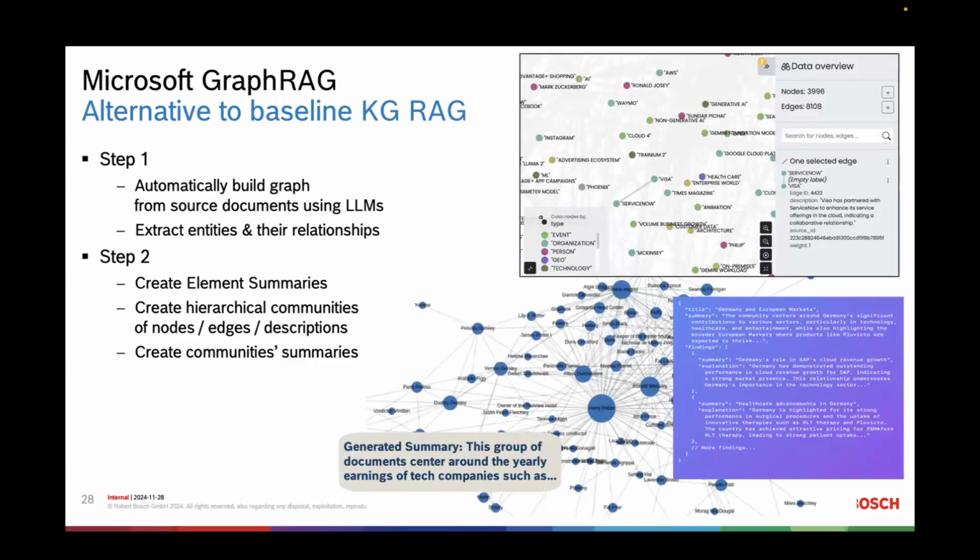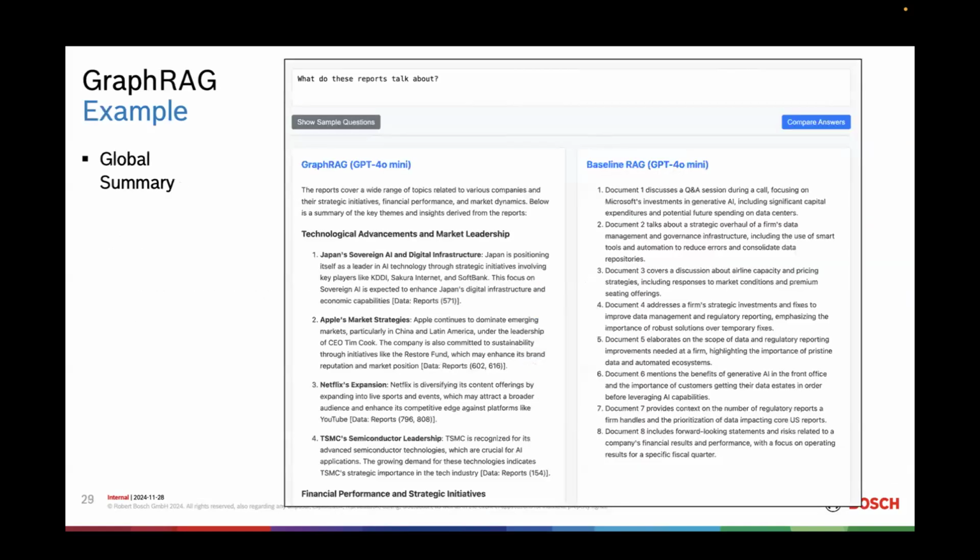And Microsoft GraphRAG is the way to address that. The idea is to organize data in a bunch of communities, and whenever you ask an aggregate query across data, you aggregate across these communities. For example, what do these reports talk about?